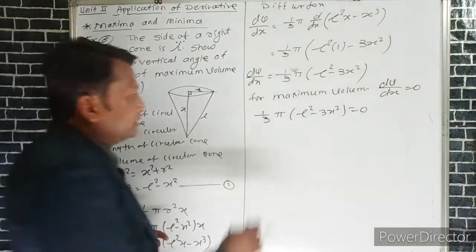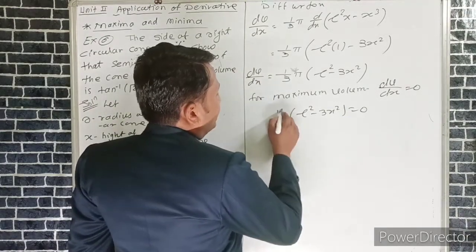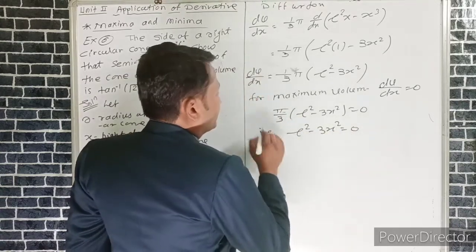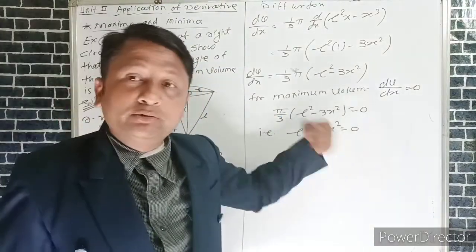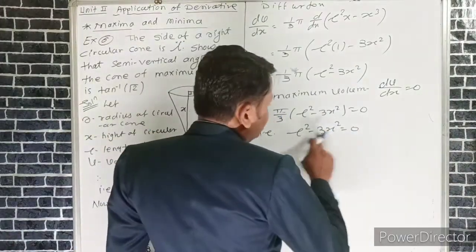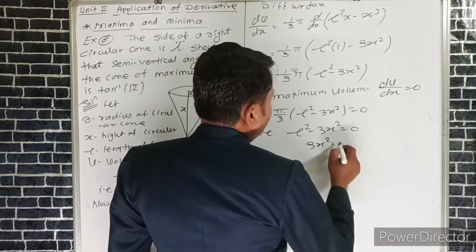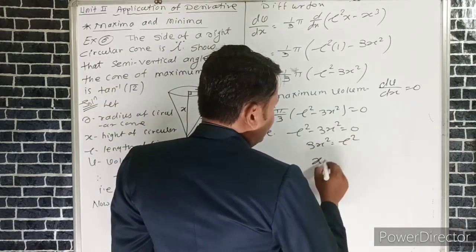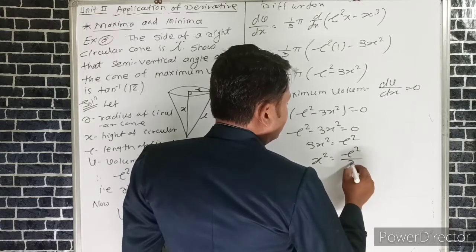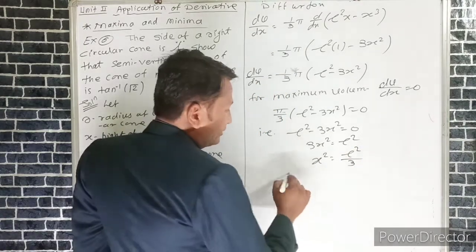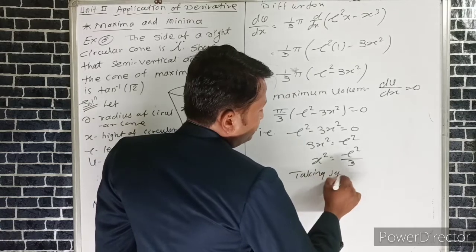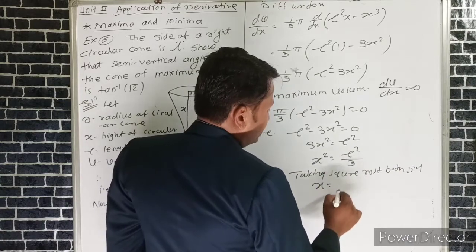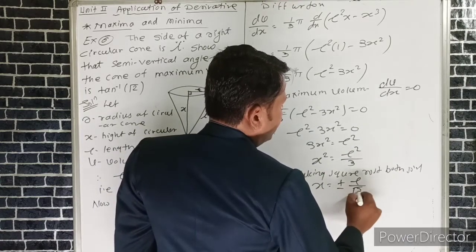Now we shift pi by 3 to the right side, so L square minus 3x square is also 0, because pi by 3 into 0 is 0. Shifting minus 3x square to the right side, 3x square is equal to L square, so x square is equal to L square upon 3. Taking the square root on both sides, we get x equal to plus or minus L upon under root 3.